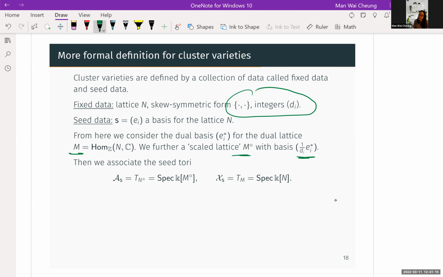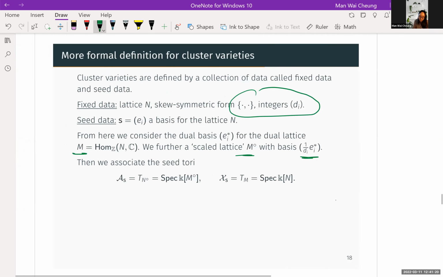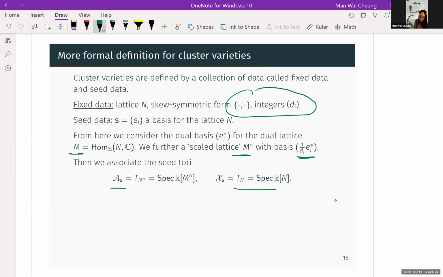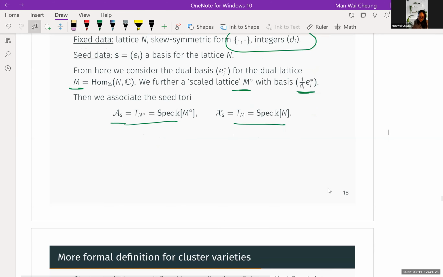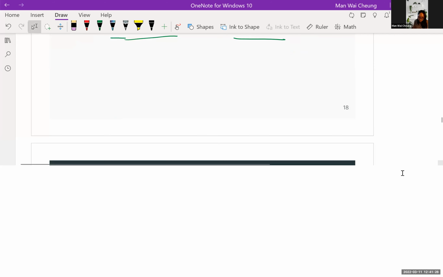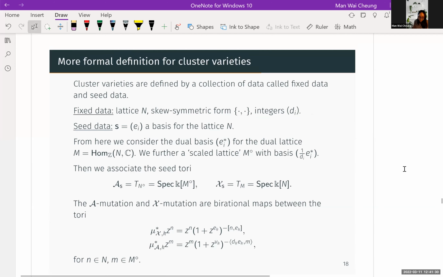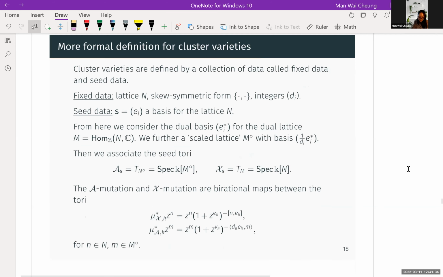And then we have two lattices, two kind of dual lattices, and hence we have two kinds of dual tori, which take the span of the corresponding Laurent polynomials. And then we define the A and X cluster varieties with the two different types of A and X cluster mutation.